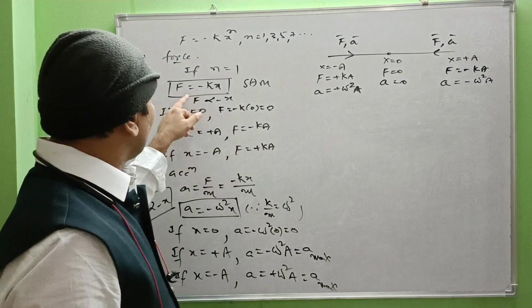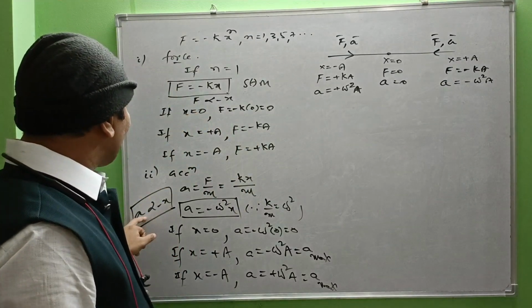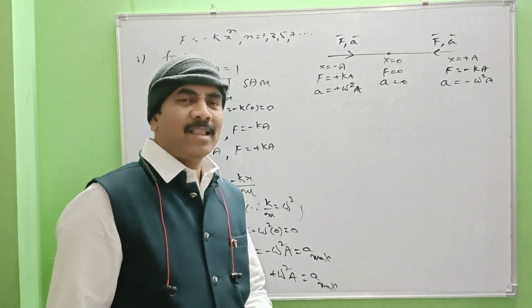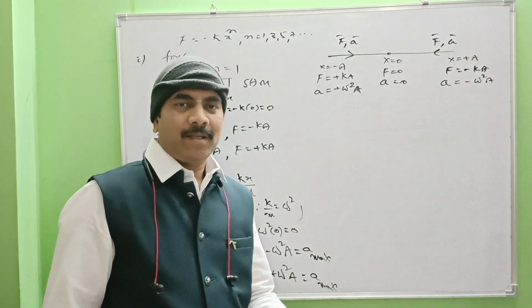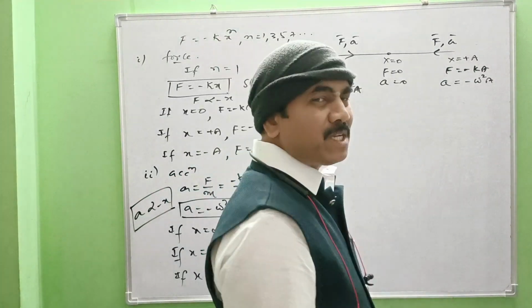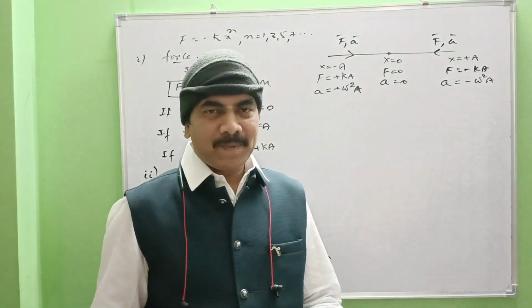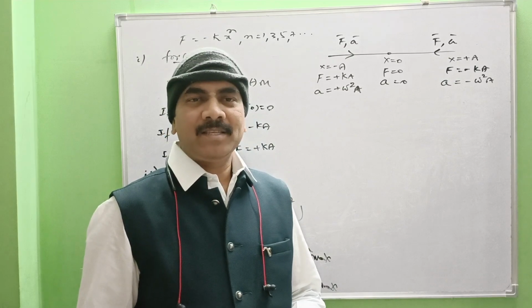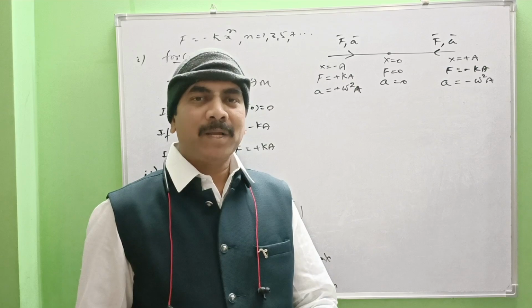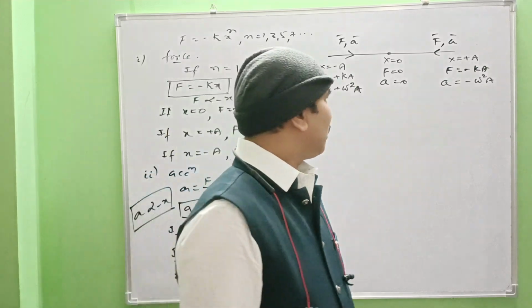One more thing, both force and acceleration are directed opposite to the displacement. This is also another characteristic of simple harmonic motion, right? One more thing, motion must be periodic. This is also one of the conditions for a particle to exhibit simple harmonic motion, right?